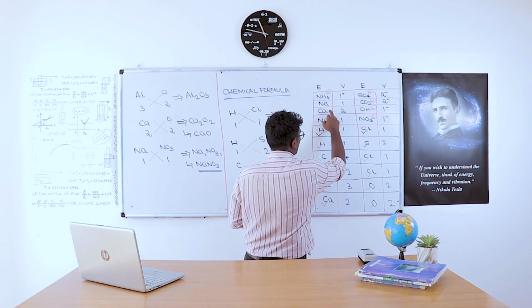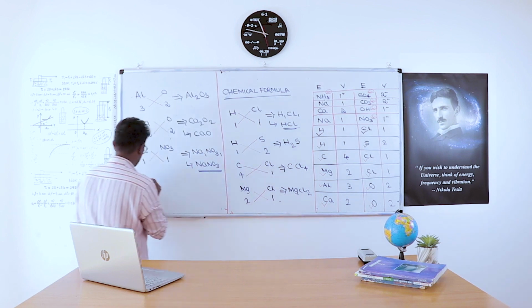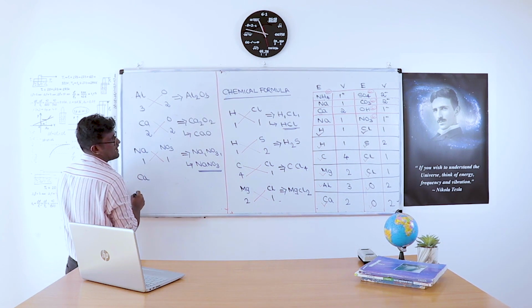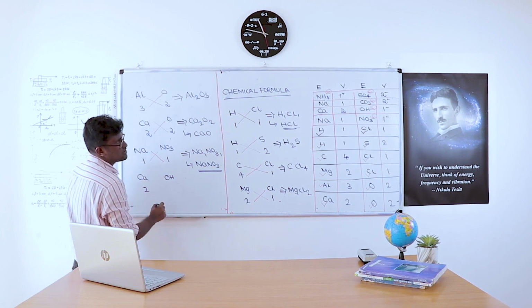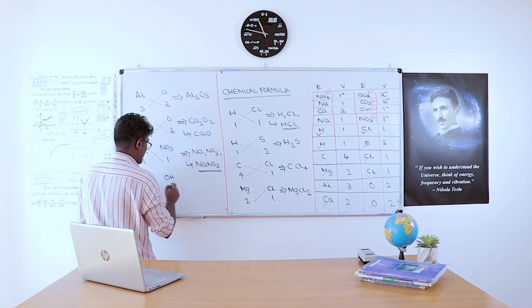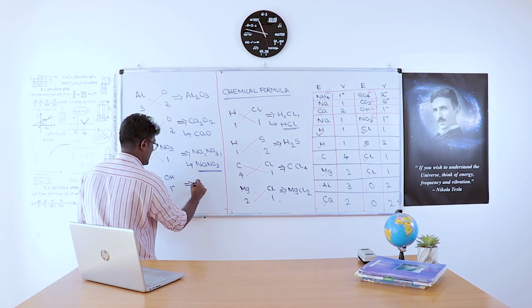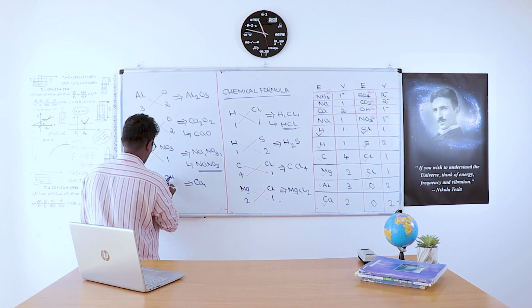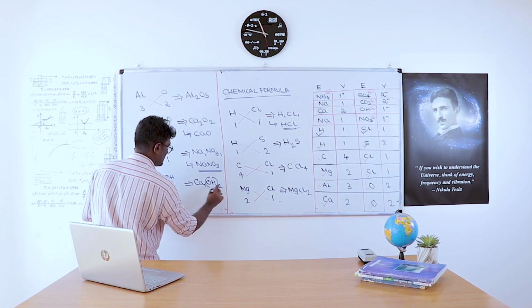Then the next one is calcium OH, where OH is hydroxide. Calcium, the valency is 2. OH, the valency is 1 minus. So by interchanging, we get Ca1 (OH)2. Why is OH in brackets?